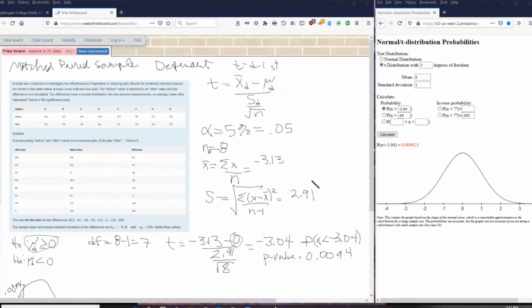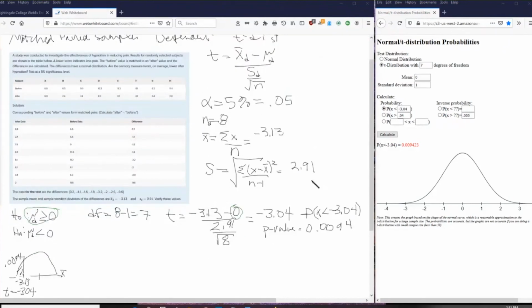Now let's go back and look at our critical values. So the critical value that we originally were given was 5%. So that will give us a z-score.